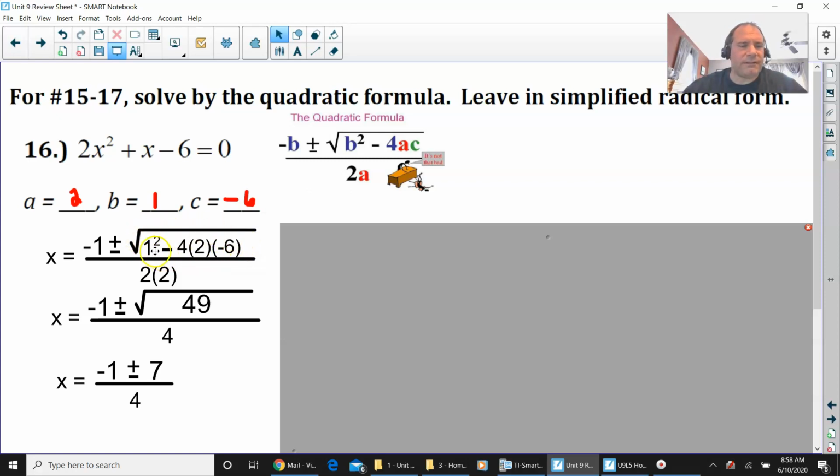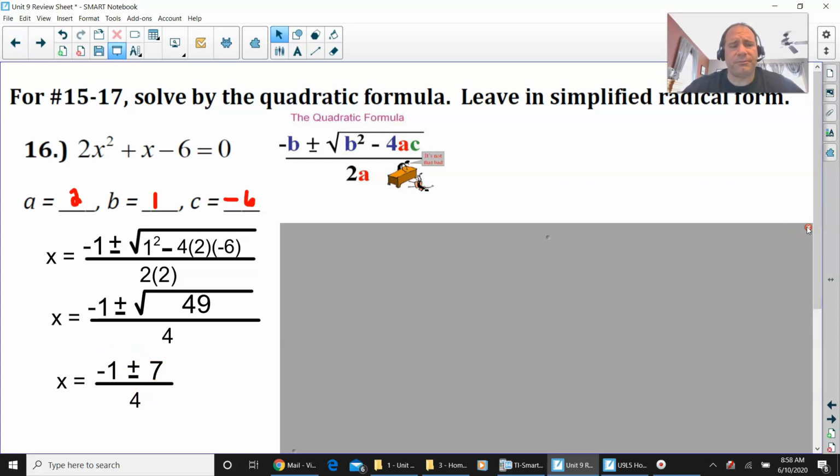All of this underneath the radical, if you put that into the calculator, you get square root of 49, and then it's 2 times a, which is 2 times 2, and that's 4 as a denominator. Square root of 49 is a perfect square, so it's really nice. Square root of 49 is 7, so remember you have -1 plus or minus 7 over 4.